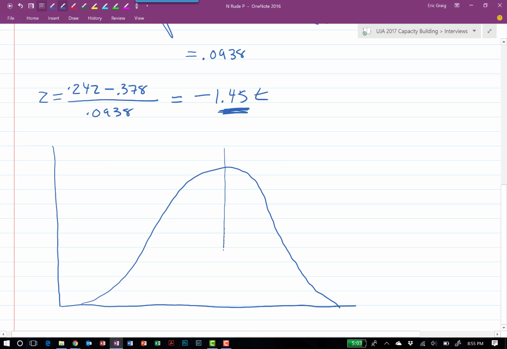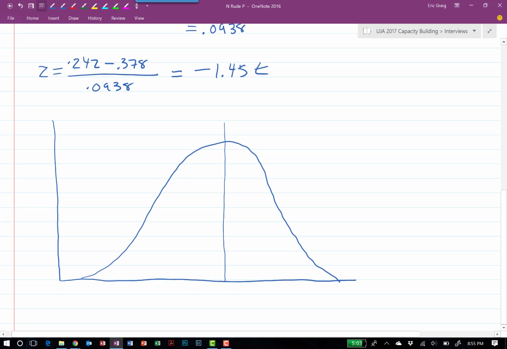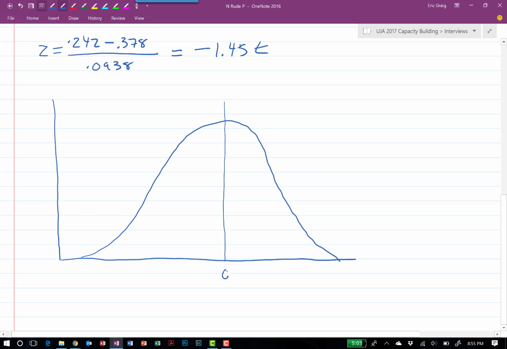We know that the mean of any z-distribution is 0. And the z-distribution is measured in units of standard deviation. That's not quite accurately drawn, but it's good enough. And then we have the empirical rule to pay attention to now.